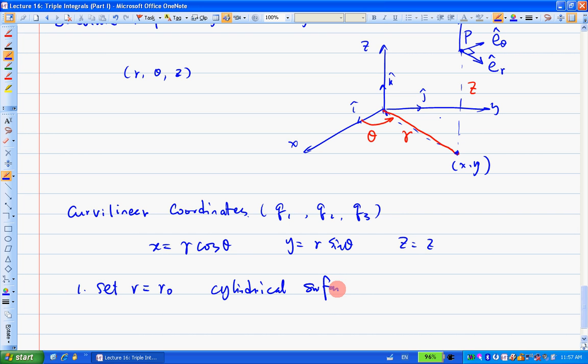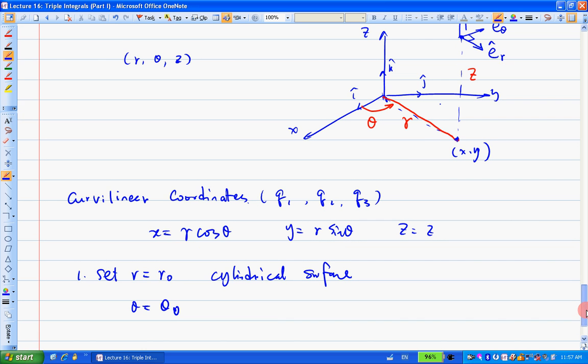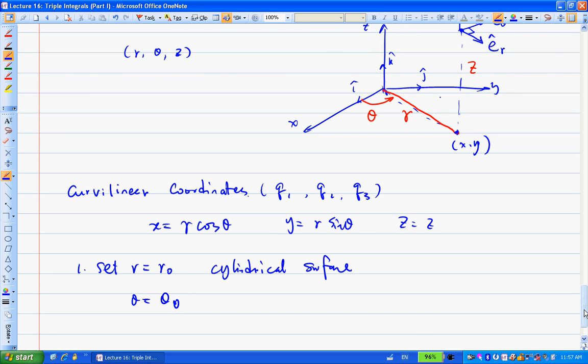Okay. So how about if I set theta equal to a constant? What do we have? Plane. What kind of plane? Well, theta constant, meaning maybe it's right here, right? It's actually a half plane, with one edge at the z-axis.